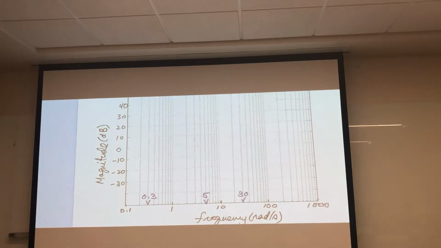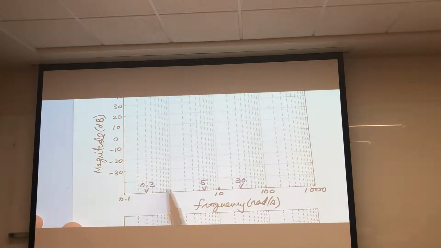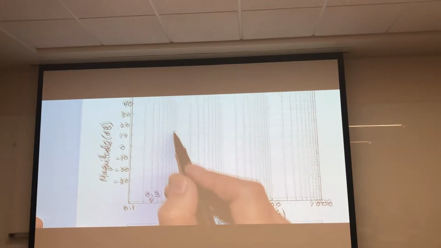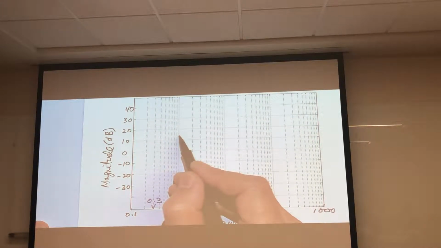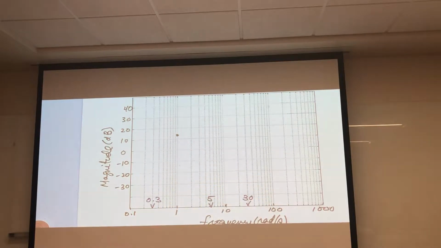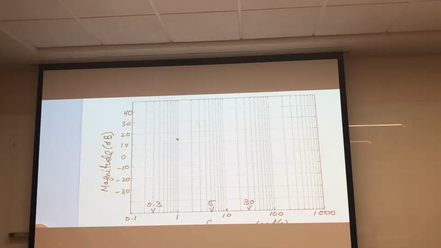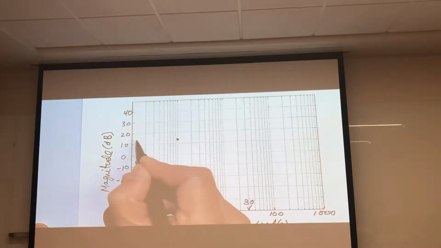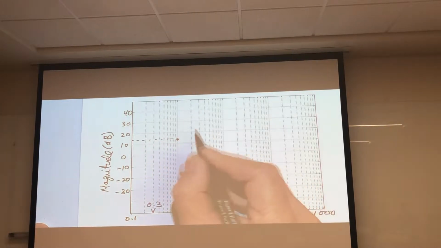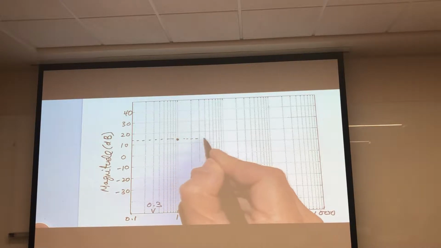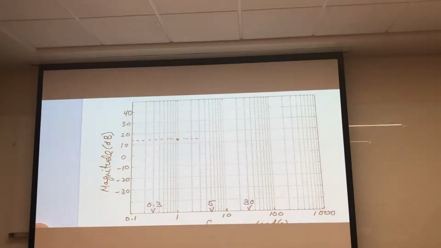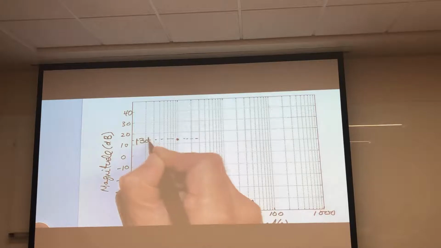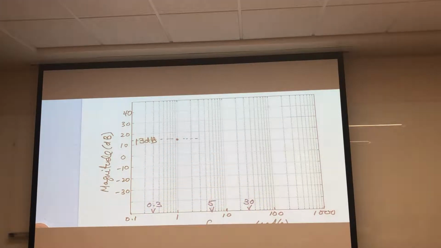So I come here and I say, here's omega equal to 1. 13 dB is right about here. And we want to have an initial slope of 20 dB per decade.